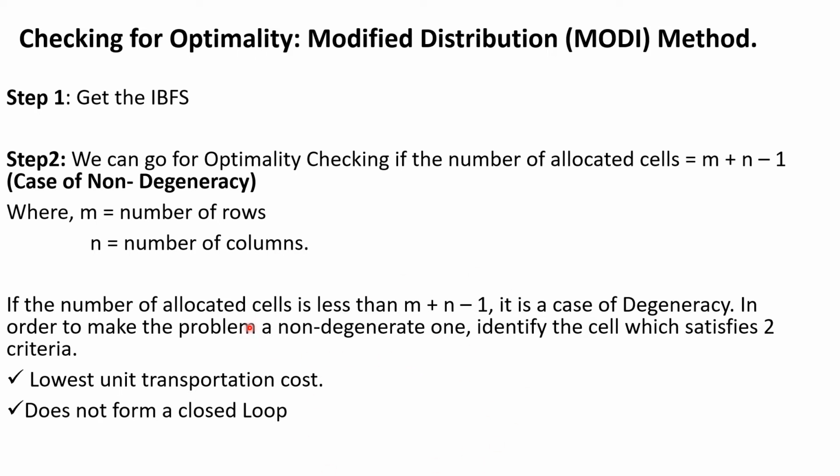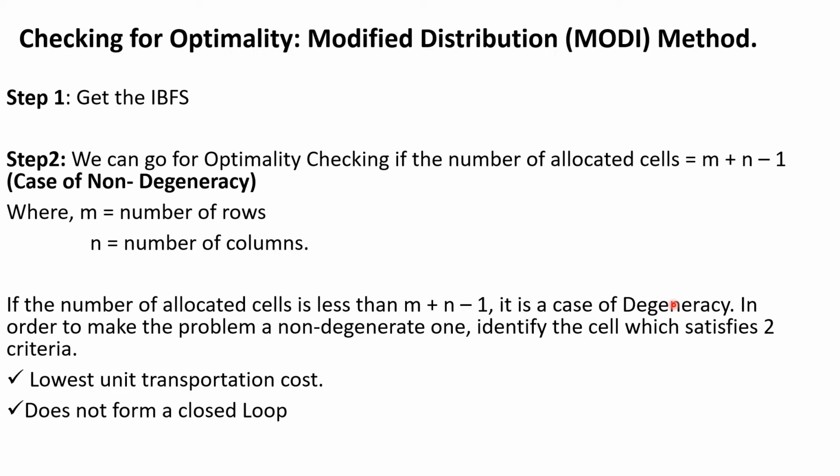So we will be able to apply the MODI method only when the number of allocated cells equals m plus n minus 1, where m is the number of rows and n is the number of columns. If the number of allocated cells equals m plus n minus 1, it is much easier, and such a solution is called a non-degenerate initial basic feasible solution. But if the number of allocated cells is less than m plus n minus 1, it is called a degenerate solution.